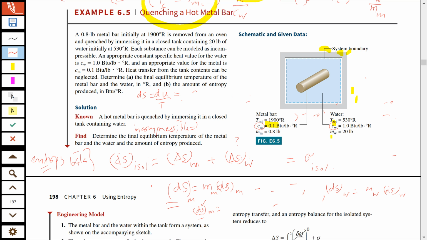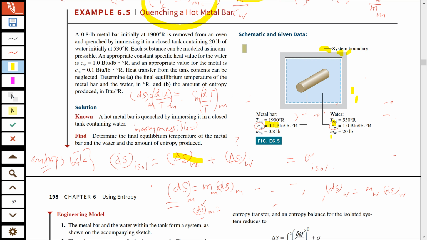So du is actually c times dT. So it's c dT over T, and of course this whole thing must be done for metal separately and for water separately. For metal it will be cm and dT over T for m. But I am interested in the actual change, so for the actual change, I need to integrate.